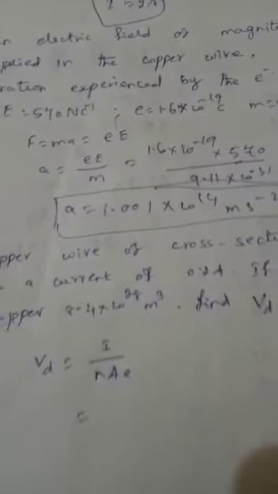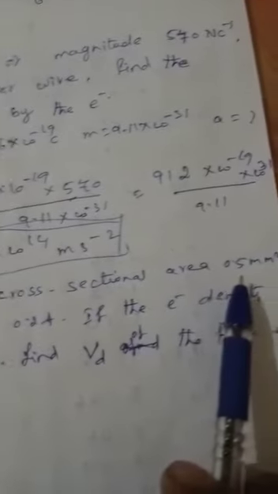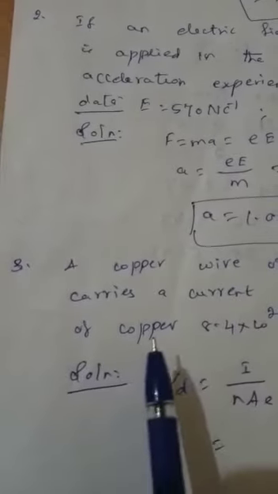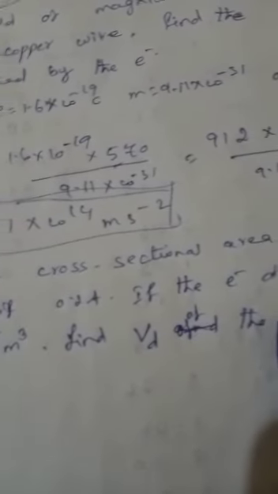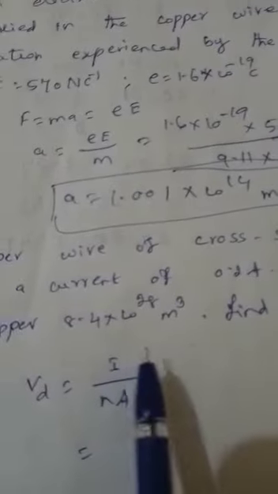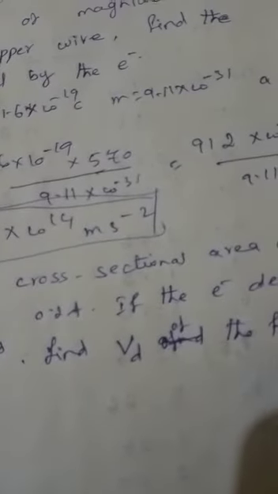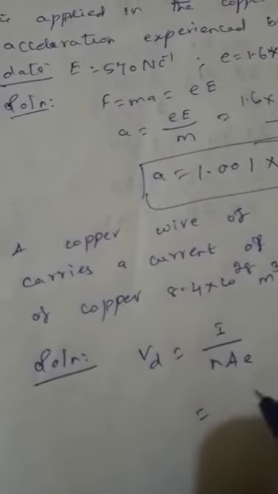Next, third one, a copper wire has a cross sectional area of 0.5 millimeter squared. It carries a current of 0.2 ampere. If the electron density of the copper is 8.4 into 10 power 28 meter cube, find the drift velocity of the free electron. We know the formula drift velocity Vd is equal to I by nAe. Now substitute.